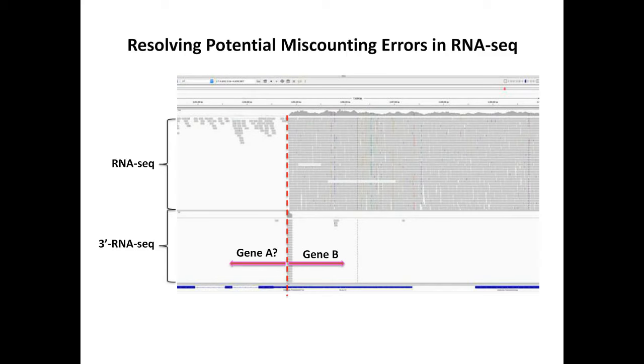Based on the data we have from adipose tissue, this gene doesn't express much in adipose tissue. So we need to look at another tissue to see where this gene is expressed higher.